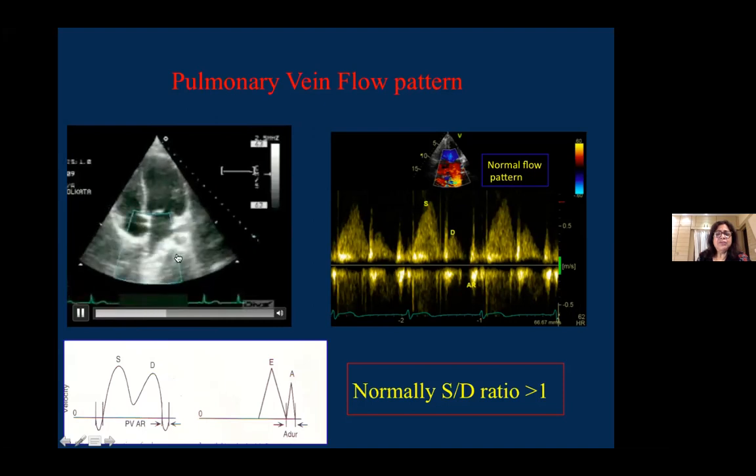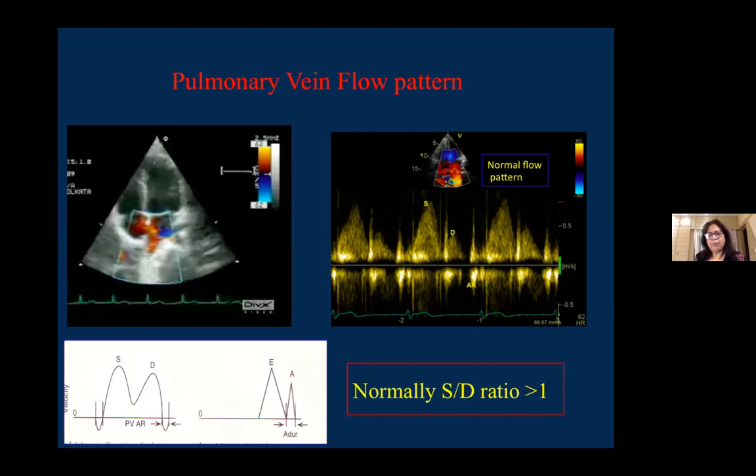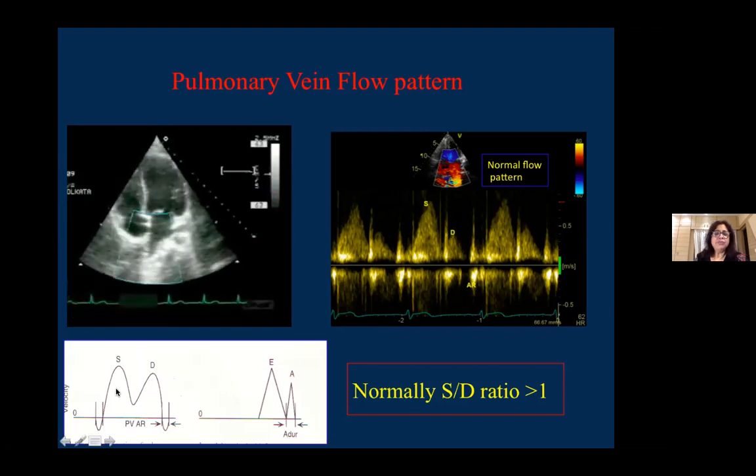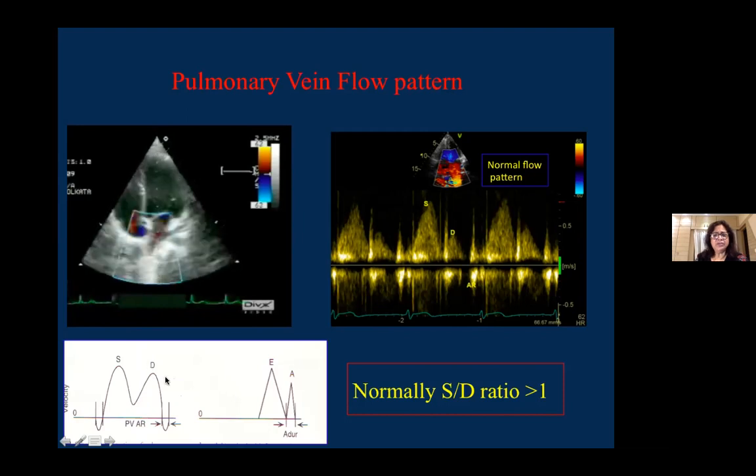Now, pulmonary venous flow is a venous flow pattern. The flow takes place both during systole and during diastole. But on top of that, pulmonary vein has got another flow also, that is called the atrial flow reversal. See, this systolic wave corresponds to the ventricular systole, and the first diastolic wave corresponds to the early rapid filling phase.